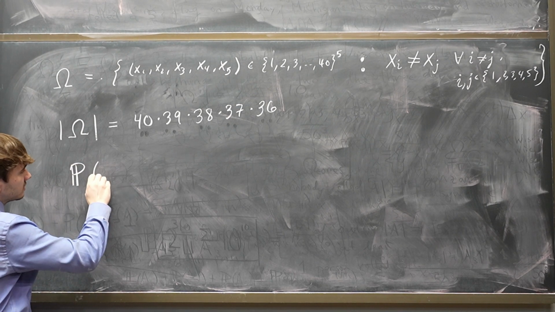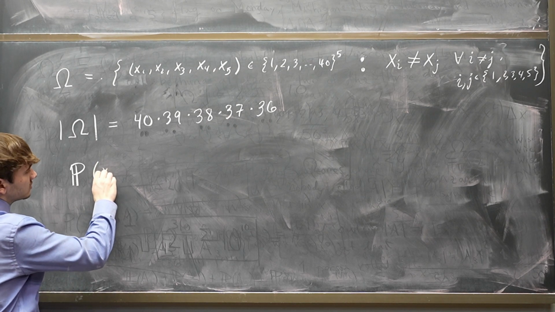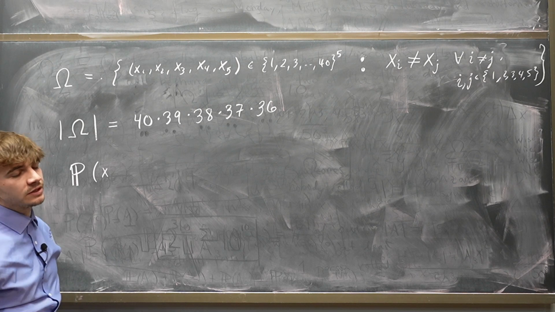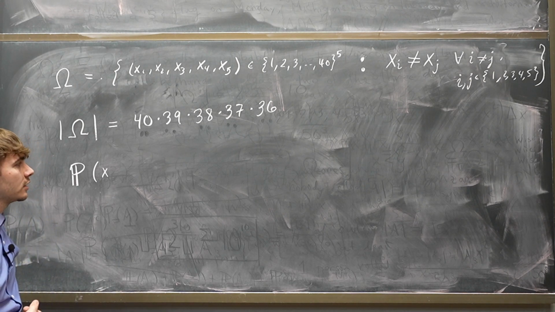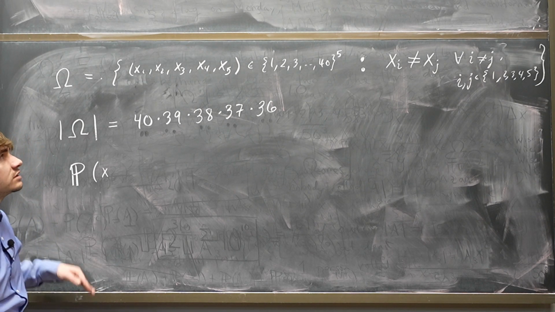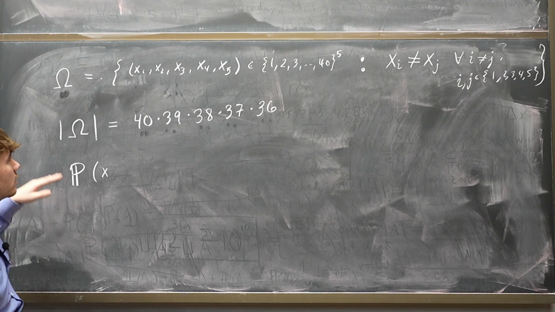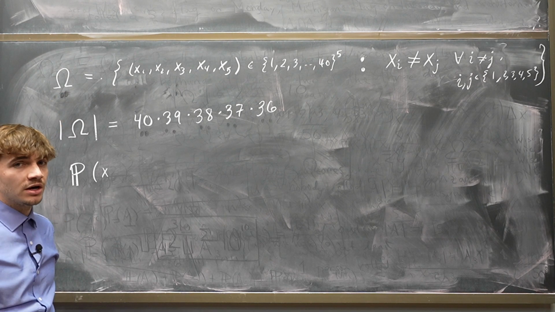And then my probability measure that I'm going to put on a single outcome. Remember in probability terminology, outcomes are singleton elements of this set omega, and events are subsets or collections of possible outcomes.